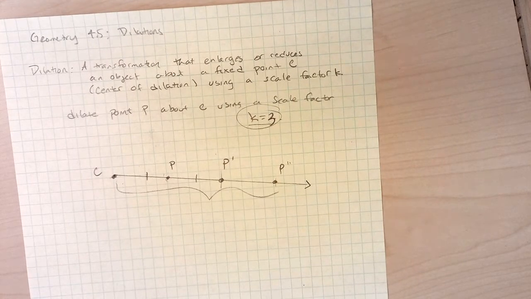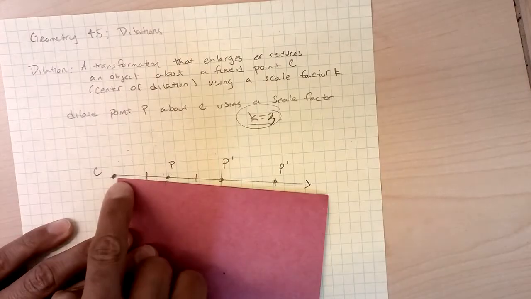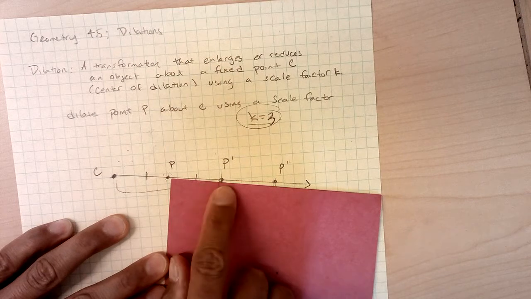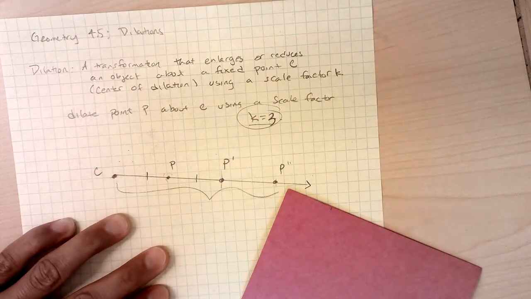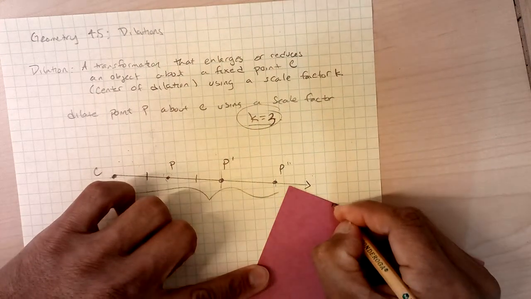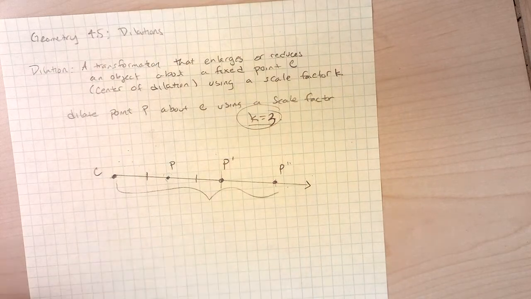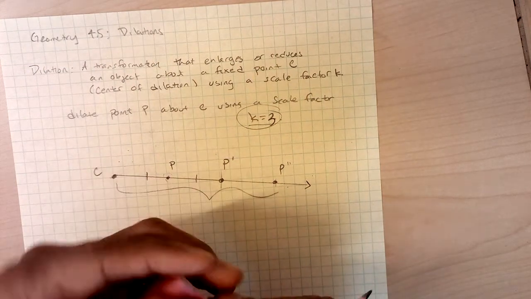Okay, if the scale factor was something like 3.5, it gets a little bit more complex. Maybe then you're using a ruler or possibly using a sticky note, marking off the distance. Here's the distance from C to P, twice the distance from C to P, 3 times the distance, and then just take half of that. If you could see this marking on my sticky note right here, from this endpoint to this endpoint, okay, without having to take any measurements, I could just fold it from endpoint to endpoint.